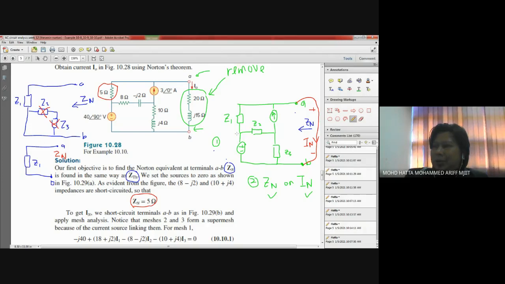Based on the given circuit connection, our main objective for IN is to find the current flowing through this short circuit element.